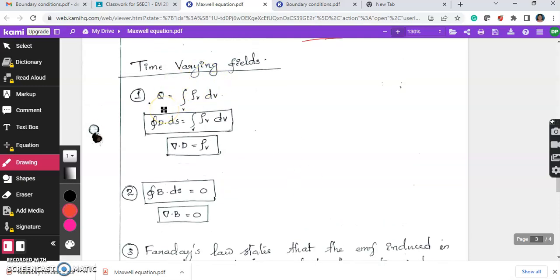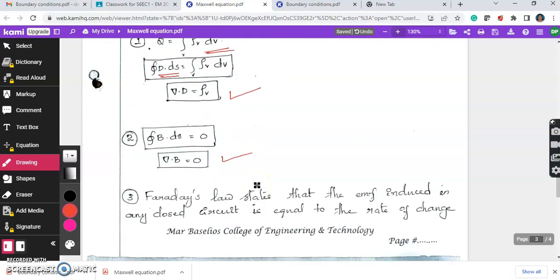Q is equal to volume integral rho V dV, where rho V is the charge density, and from the definition we know that Q is equal to surface integral D dot ds. Therefore I can write surface integral D dot ds is equal to volume integral rho V dV, and therefore del dot D is equal to rho V. And secondly, integral B dot ds is equal to 0, that also we have proved. That means del dot B is equal to 0.